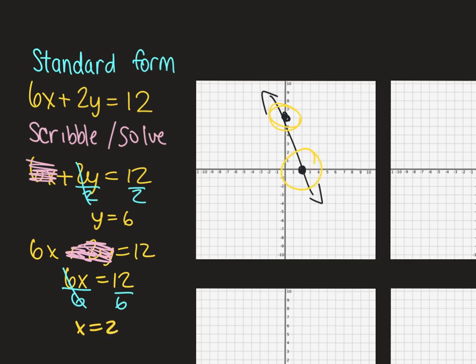Wait, we had a dot at 2 on the x-axis. So that's how we do it. We scribble and solve. Solve means sing the silly song. We now have 2 dots, and we graph them and connect them and draw arrows.